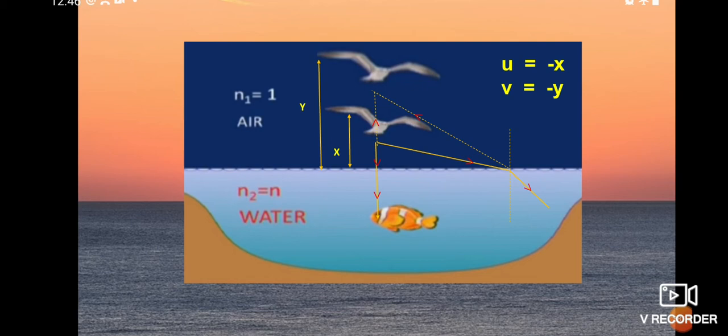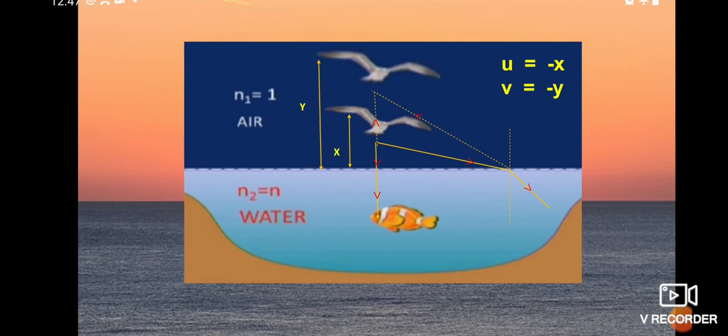Another light ray is taken further, and if you draw the normal, here again the refracted ray bends towards the normal. Here I have taken two rays. One is not going to deviate and the other is bending.